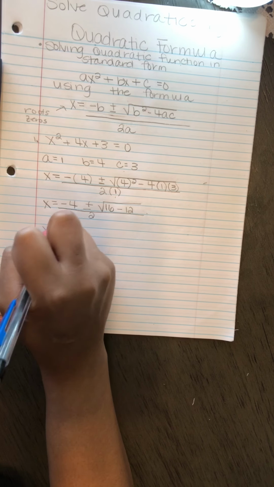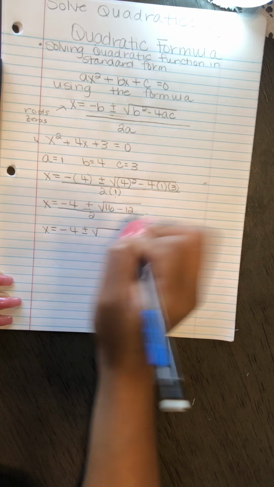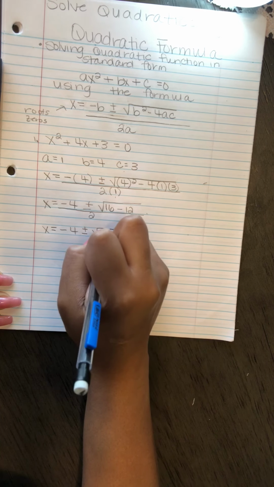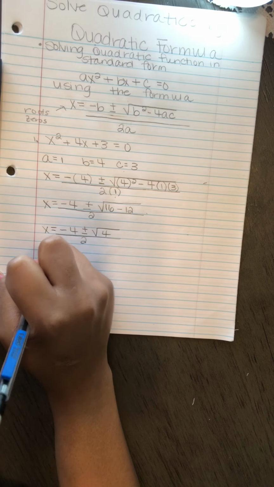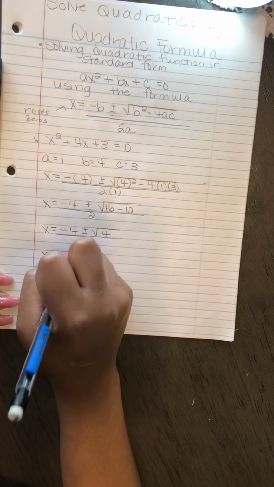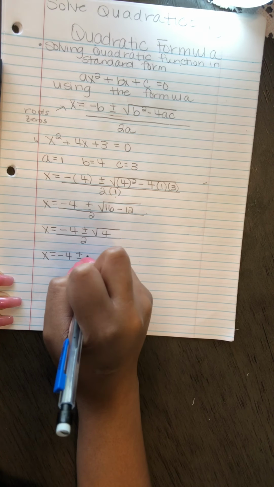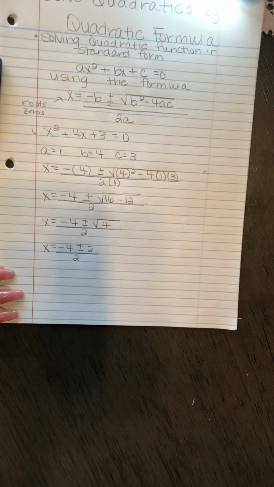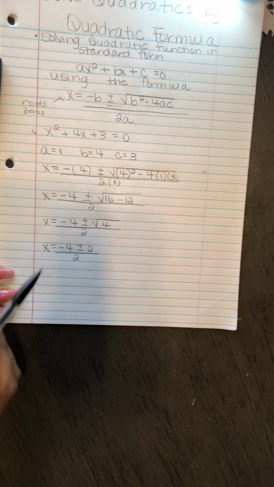Let's simplify again. Plus or minus 16 minus 12 is 4, all over 2. Let's simplify again. What is the square root of 4? 2. You notice that I keep putting the entire thing over that 2 because that's what we have to do.